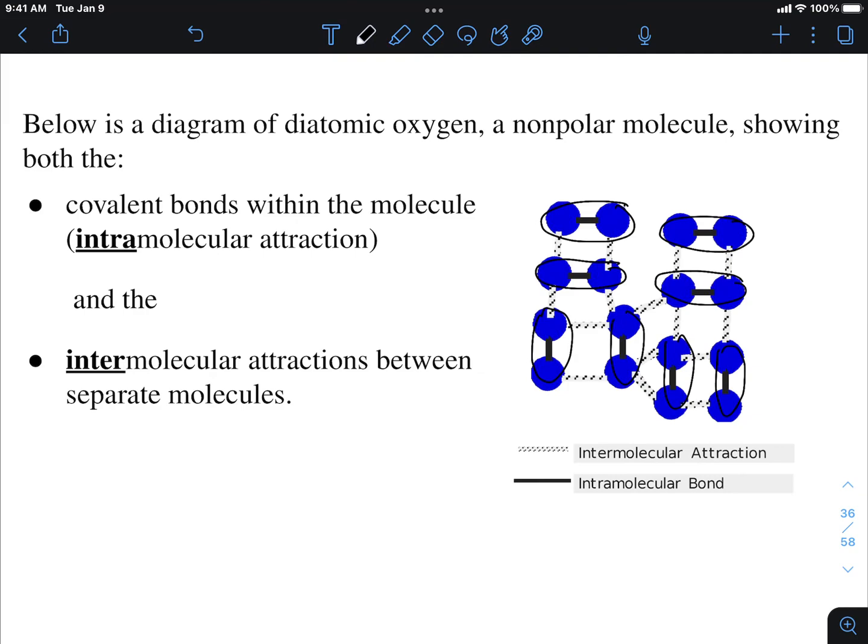So, these oxygen molecules have very, very weak attractions here. And because their attractions are so weak, the only way to get the molecules to stick to each other is to lower the temperature a lot. So liquid oxygen only occurs at really, really low temperatures. But if you raise the temperature to room temperature, it's definitely a gas.